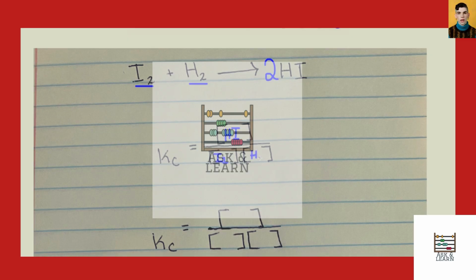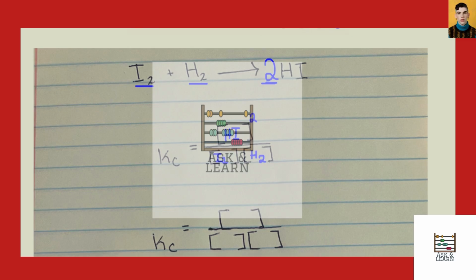And remember, you always raise the concentration to the power of the coefficient. So HI is going to be raised to 2. I2 and H2 would technically be raised to 1, but we can just leave those out.